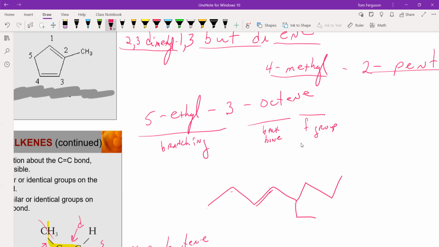So I recommend always starting with the backbone. Find the longest backbone that contains the functional group. Then we have one branch.